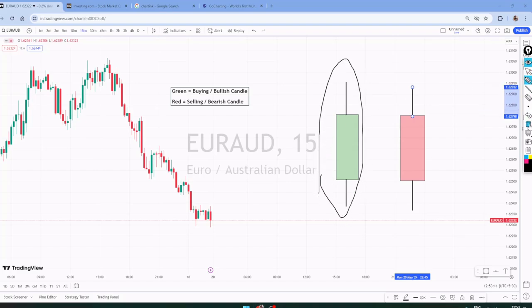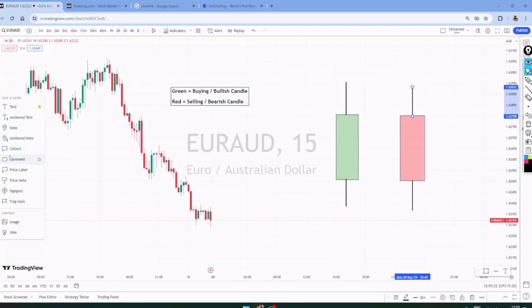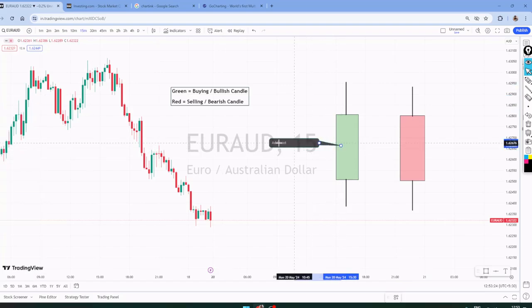What is this? The green portion is called the candle body. Let me type it out here so that you can easily understand. The green portion is called the candle body, and this can be red or green.